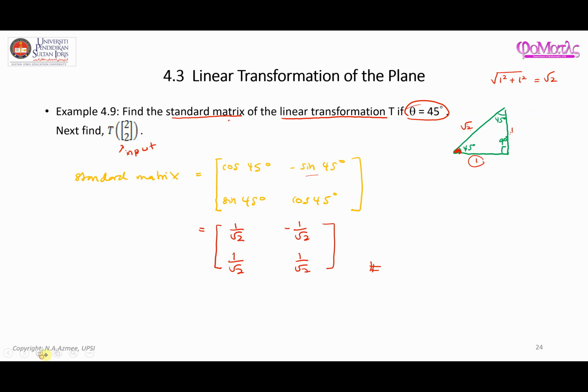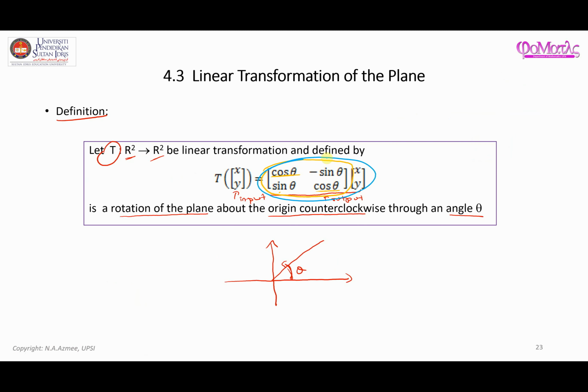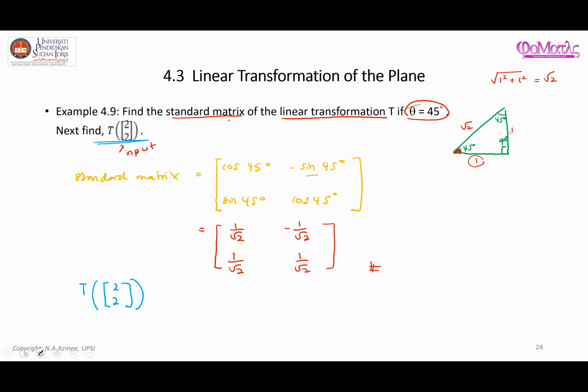Next, find the values of this when input is given as 2 and 2. So we have T of 2 and 2, and we know from this we can find the output of it if we consider this result here, the standard matrix, because here we have theta 45 degrees and we have already calculated that.